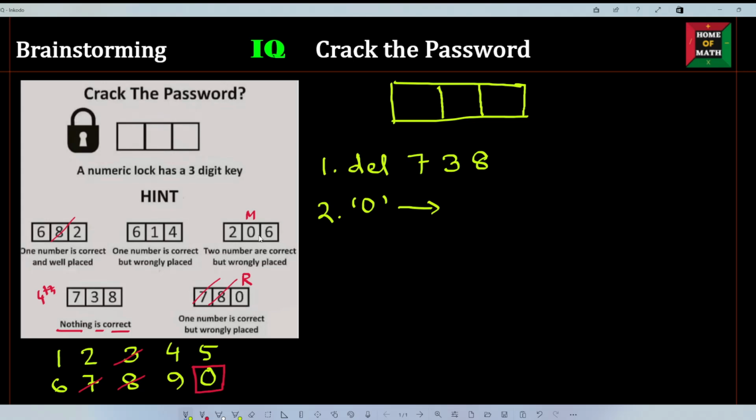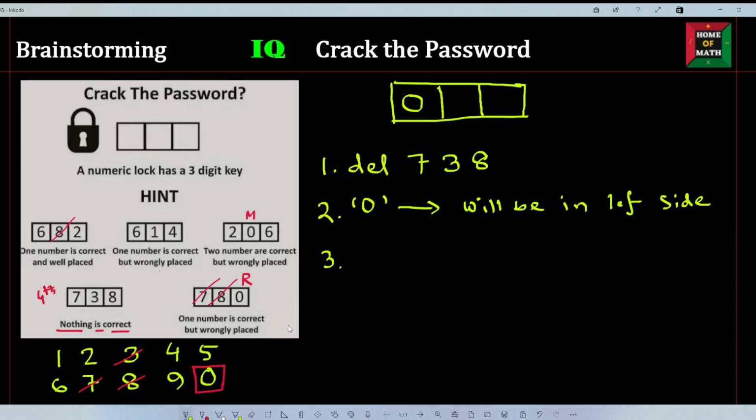Third box, right number but wrong place. So we understand this one. 0 will be in the first box. Why? Because right side wrong, middle side wrong, so it should be in the left side. So 0 will be in the left side.